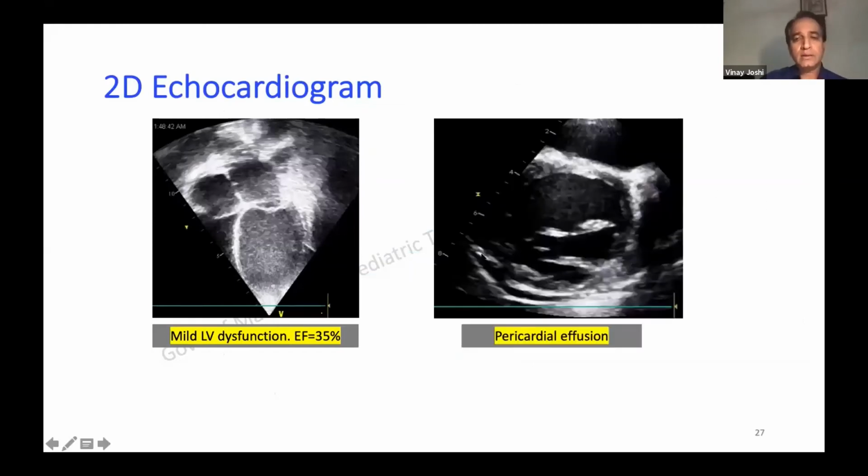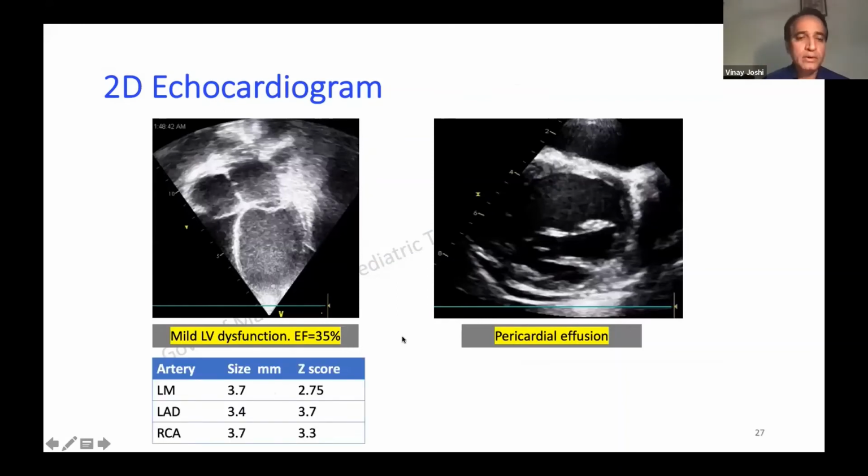If you look at the cross-sectional view, you see that there is a thin rim of pericardial effusion, and there were coronary artery abnormalities. As you can see, the left main was dilated to 3.7 millimeters, left anterior descending was 3.4, and right coronary artery was 3.7 millimeters.